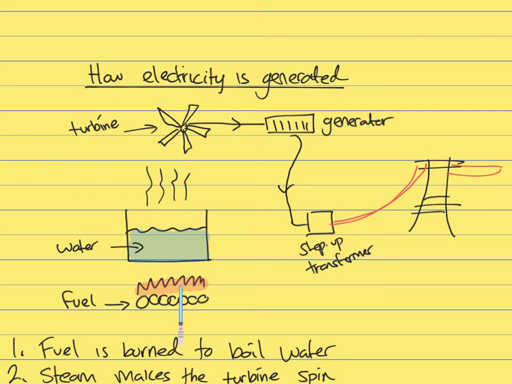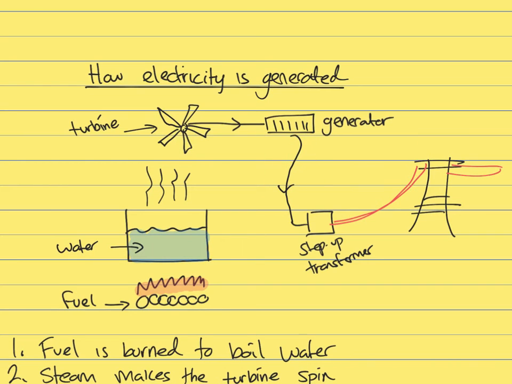It's going to burn because it's a fuel, and then it's going to warm water, and this is a really simplified diagram. So it's going to boil some water. The steam from the water then is going to turn this turbine. This is connected to a little magnet with a coil of wire around it.